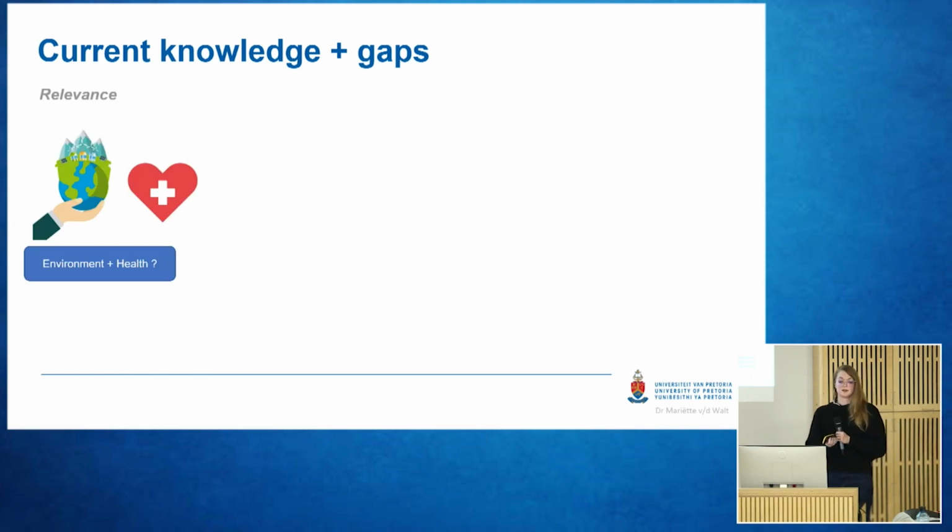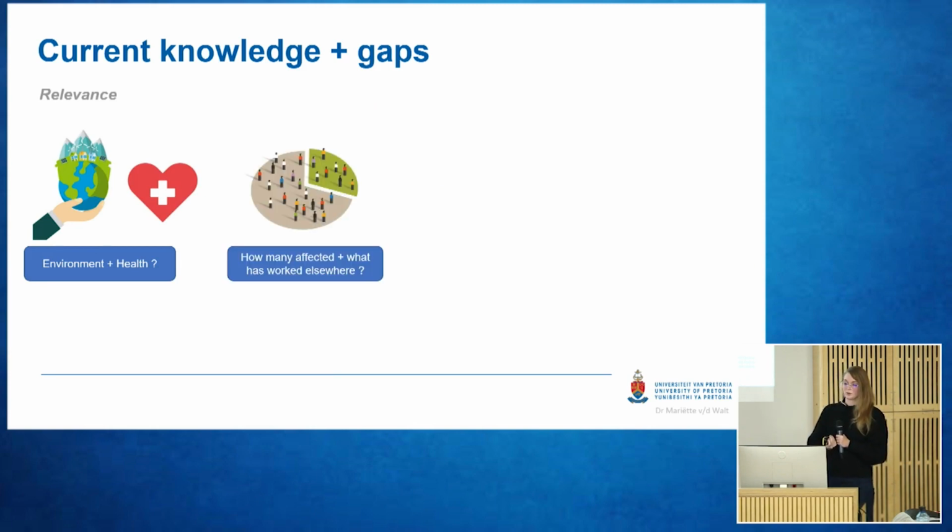So we know that environment and human health is linked. We also want to understand how many people can be affected in the case that a zoonotic spillover occurs. We also want to look at what things have been used elsewhere to mitigate these sorts of events.